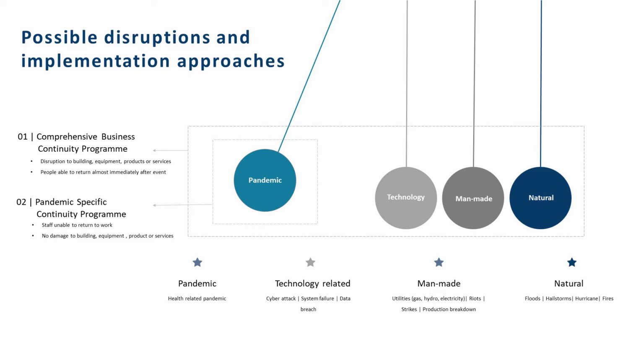I'll go through the elements of a comprehensive business continuity program, after which Pearl will discuss the pandemic specific continuity program and share some insights as to why it's still very relevant to think about this, even though we are at this stage in the pandemic.